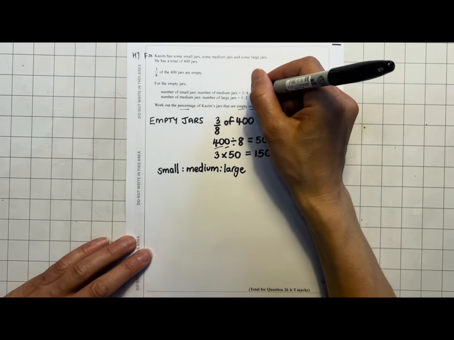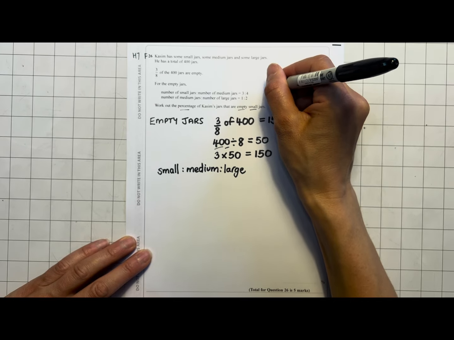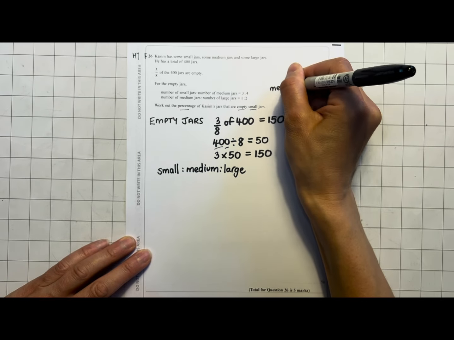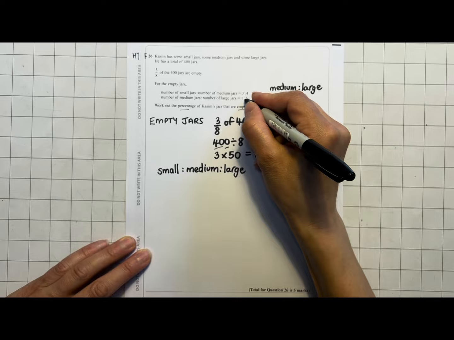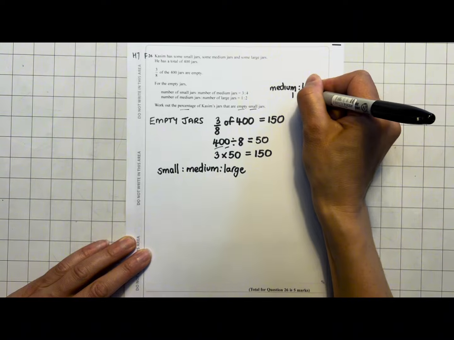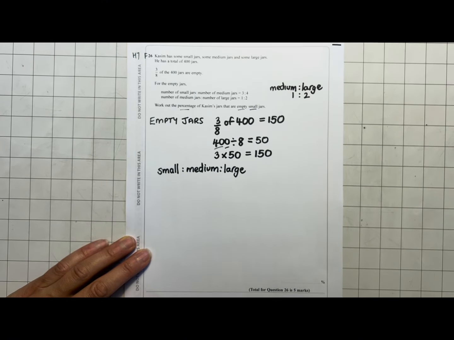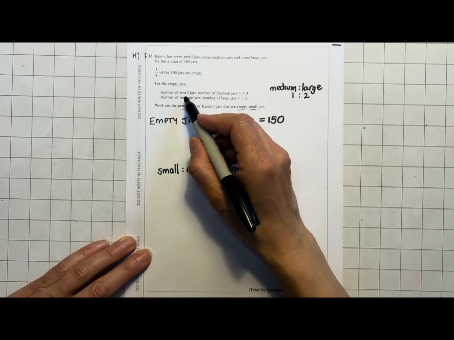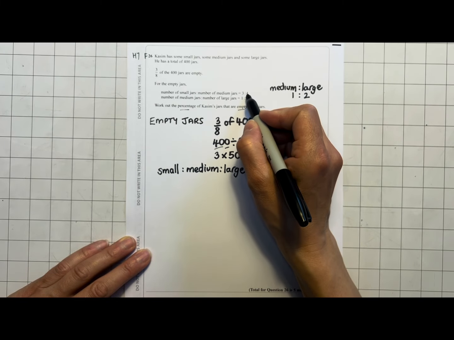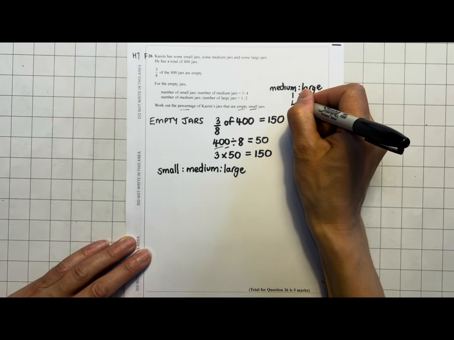So using the ratio for medium to large, which we're given is 1 to 2, we need to match the parts that are in the ratio small to medium. So we need the medium to be 4.